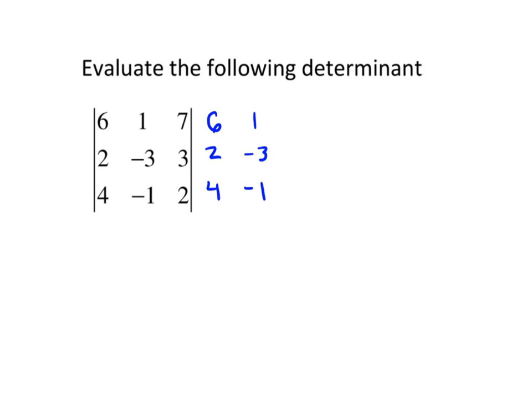So that gives us our three majors. That way we have numbers to multiply. There's another way to do it where you don't rewrite the first two columns, but it's a lot more confusing. So this is like an easy shortcut.